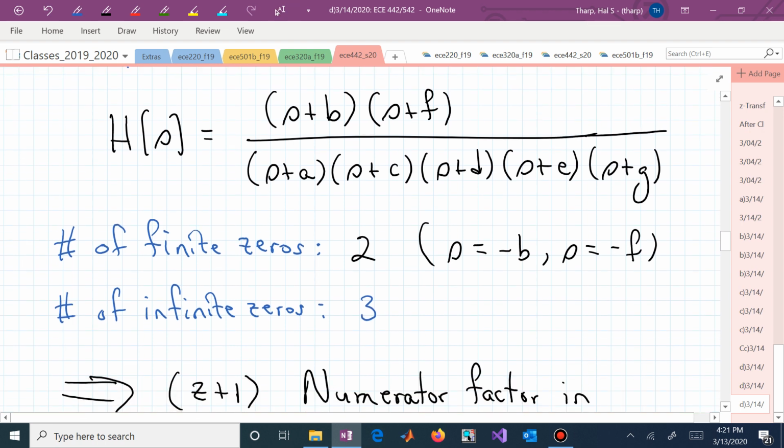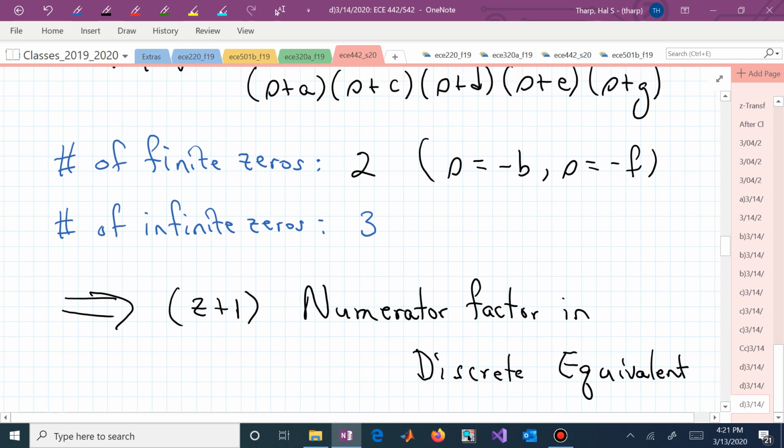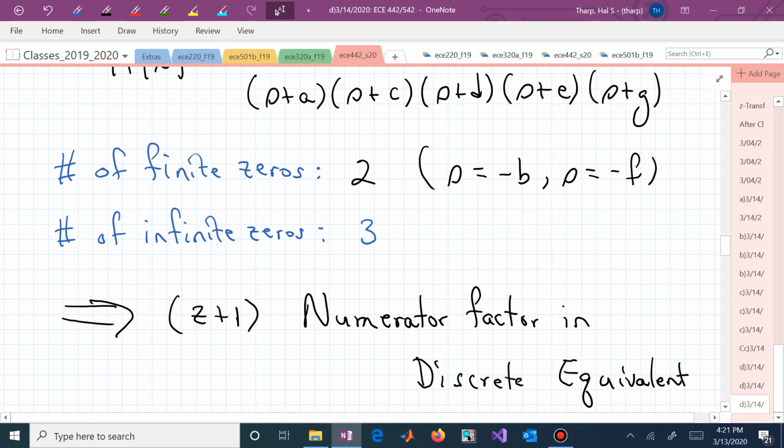We now have 3 infinite zeros, and we want to represent those zeros at infinity by the appropriate number of z plus 1 factors in the numerator of our discrete equivalent. That means if we have 3 zeros at infinity, we want to put in our numerator expression the factor z plus 1 raised to the 3rd power.